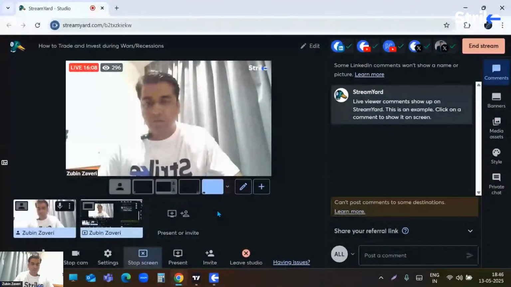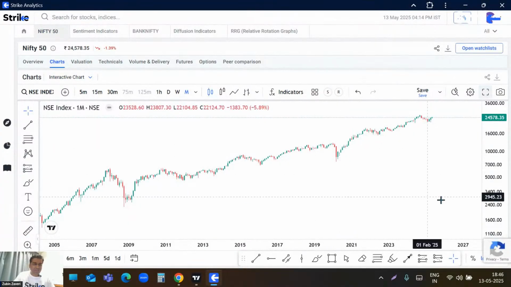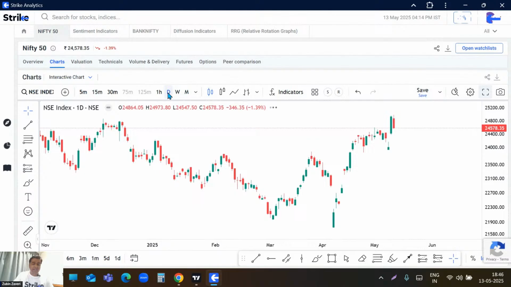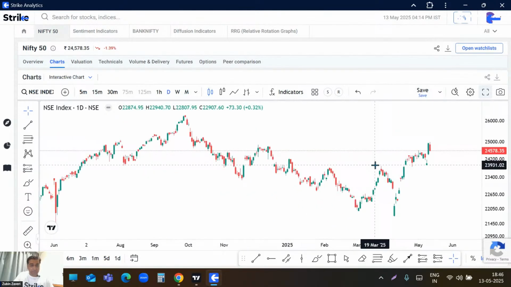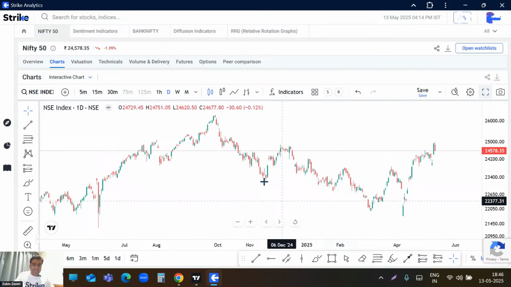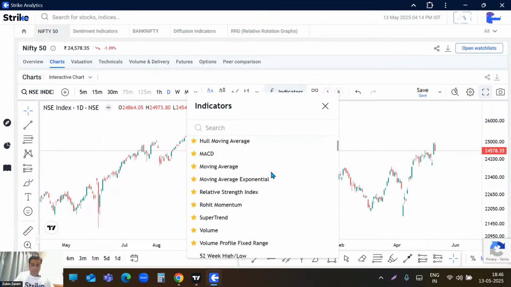All right, so for that, we have this particular platform, Strike. On this platform, this is a data bank where we can try and understand what the market sentiment is and where the markets can go. All right, so let's dig deep a little bit. I'll put up an indicator called the Rohit momentum indicator.